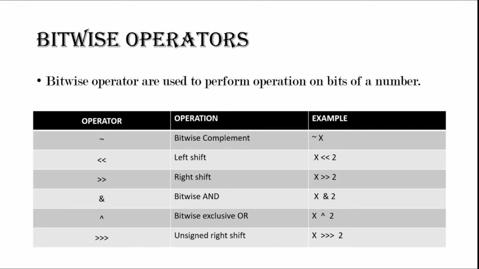Bitwise operators are used to perform operations on bits. These operators perform operations on binary. These are complement, left shift, right shift, bitwise AND, bitwise XOR, and unsigned right shift.